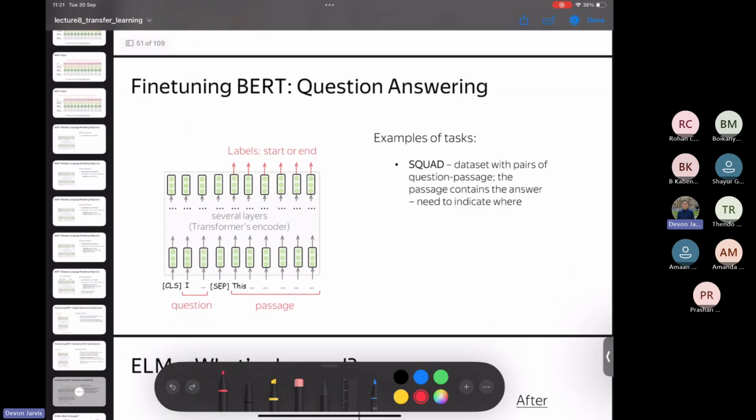Okay, we can also use the language modeling side of it, all right, the actual embedding side of it. So for example, there is the SQuAD data set. So that's a data set with pairs of questions and passages, and the passage needs to contain the answer to the question, and you need to indicate where that answer starts, right? So this, again, is really cool for things like medical applications. You will say, does Jonathan have lung cancer?